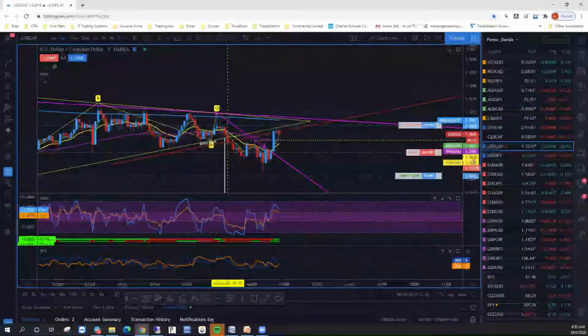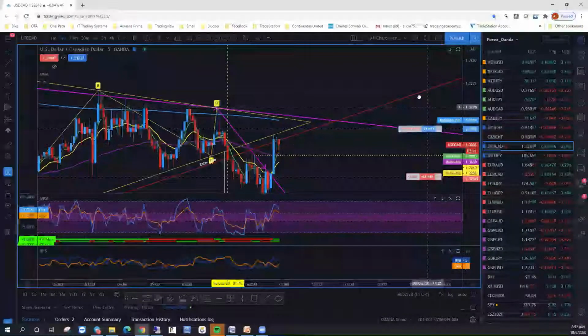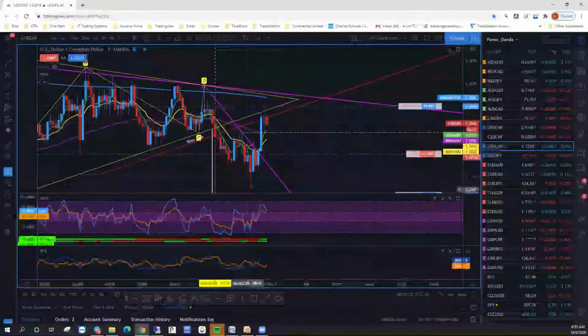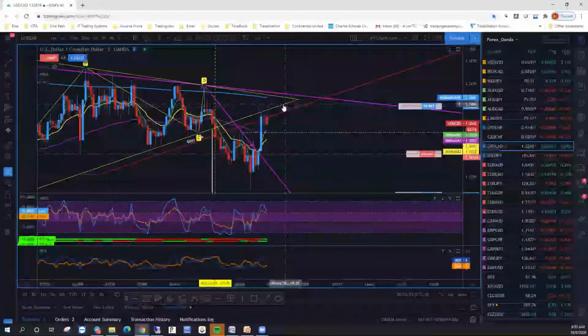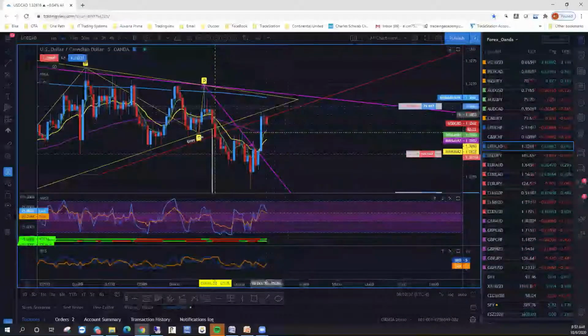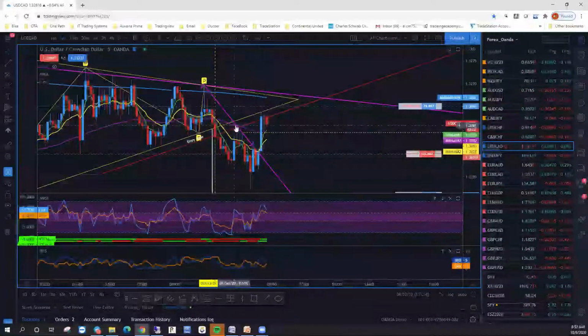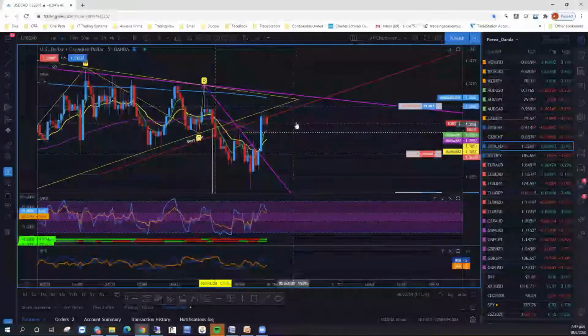Let's check it out. This was a strong move up. The wedge did hold. Our entry zone did hold. So we do have the flip of the moving averages, although the 30-minute is still holding. We did get a strong close above the 5-minute 62.